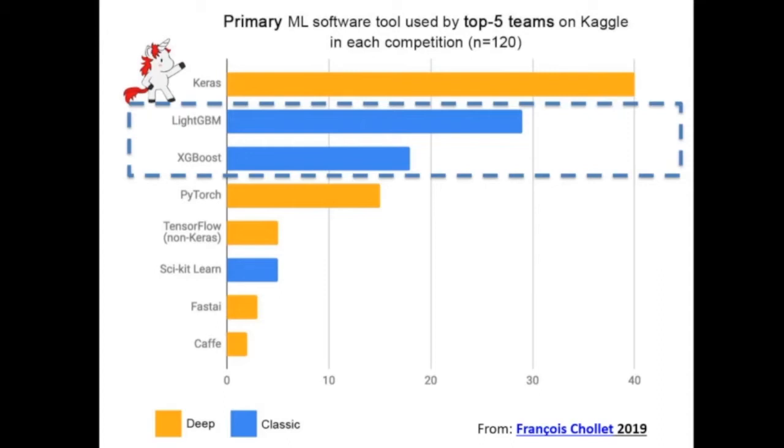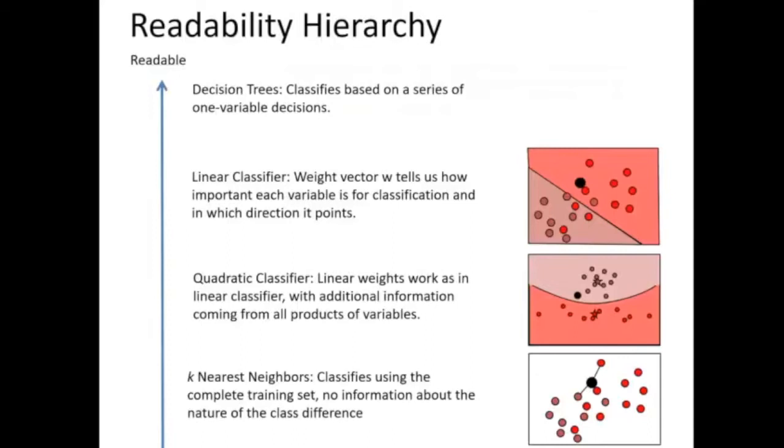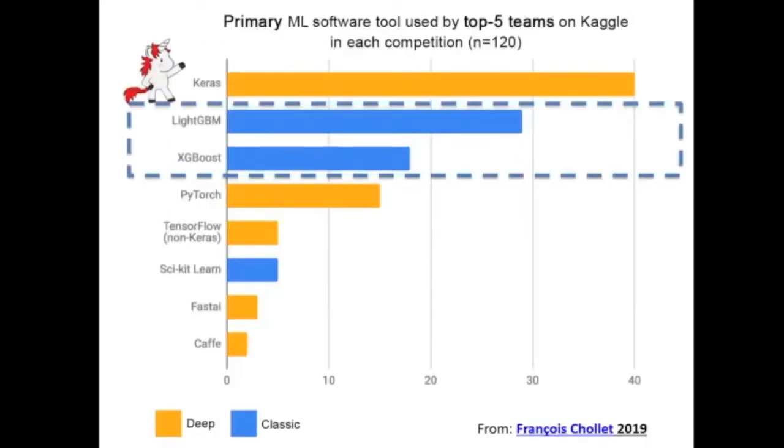The blue colors are not deep learning, and the orange colors are deep learning platforms. This is just trying to tell you that tree-based ideas may sound kind of vintage. Trees are almost the oldest classification models from machine learning, but in fact they are the most popular and most used in industry besides deep learning platforms. They are also very consistent winners in a lot of Kaggle competitions.